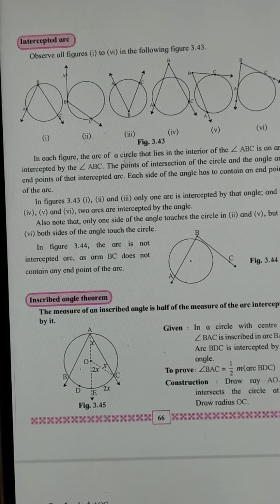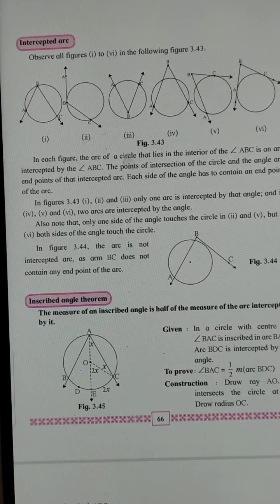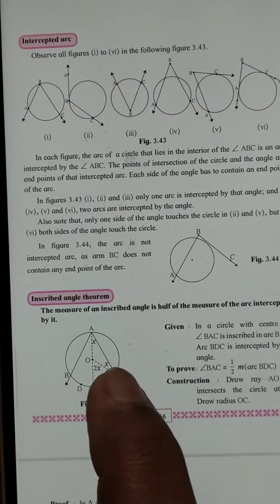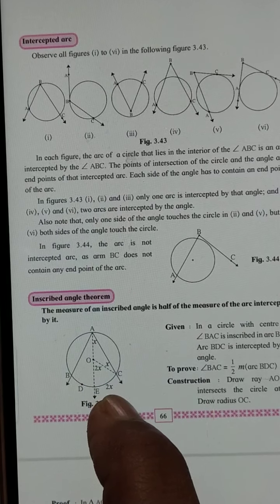Here we have three possibilities. Let us see here in the figure.